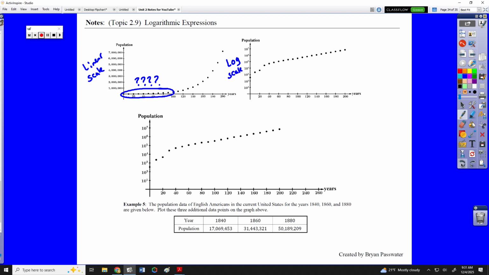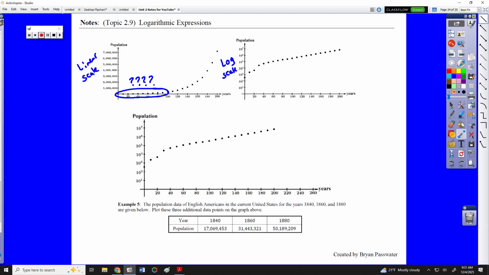So example 5 says the population data of English Americans in the current United States for the years 1840, 1860, and 1880 are given below. Plot these 3 additional data points on the graph above. Now this is the same graph on the right. It's logarithmically scaled. Okay, so we need to break out a ruler.